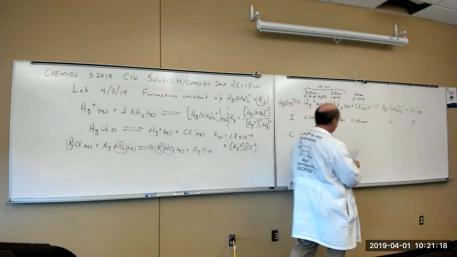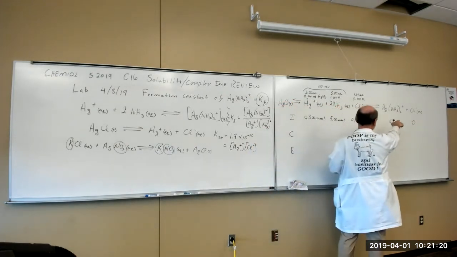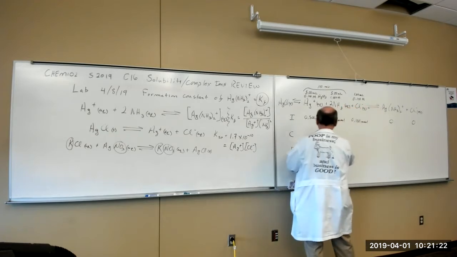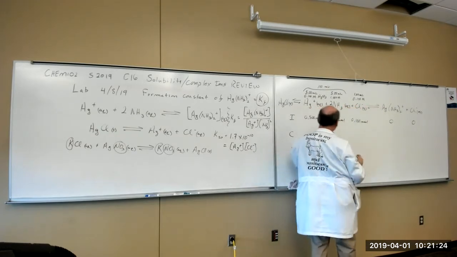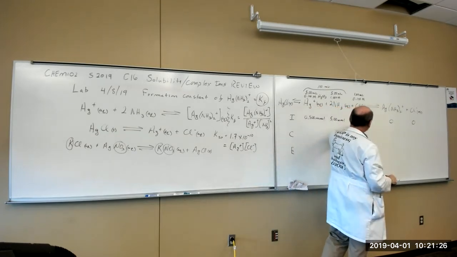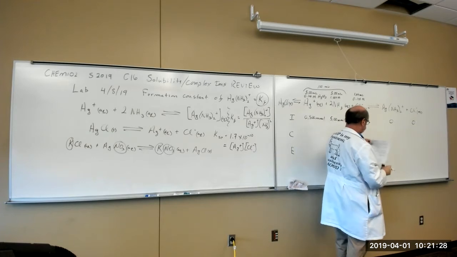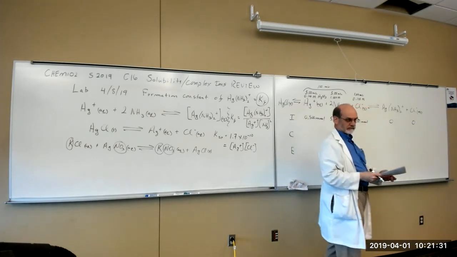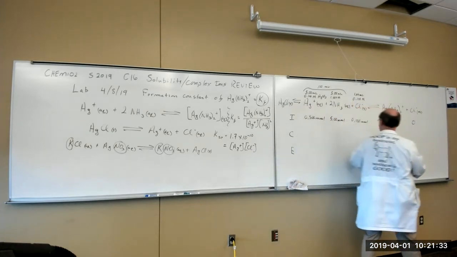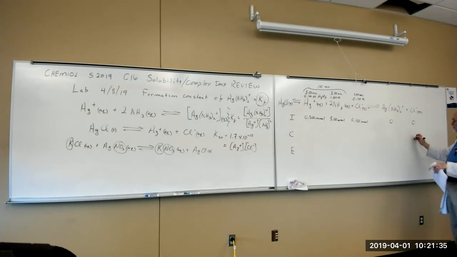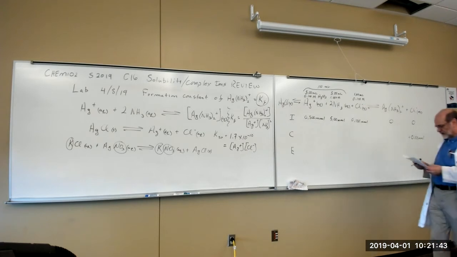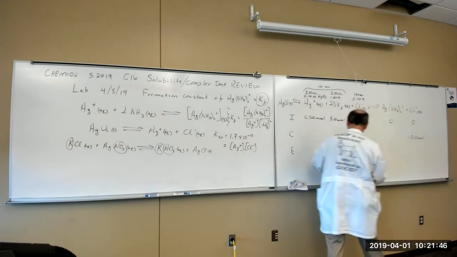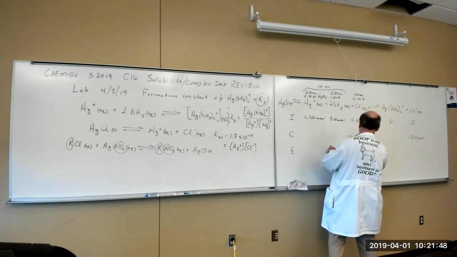Change. Okay, we've got none of this. Reaction now is going that direction. And all of this chloride is going to be used up because we formed a precipitate. So that means we're going to end up with that much there. And that means we've lost this much here.